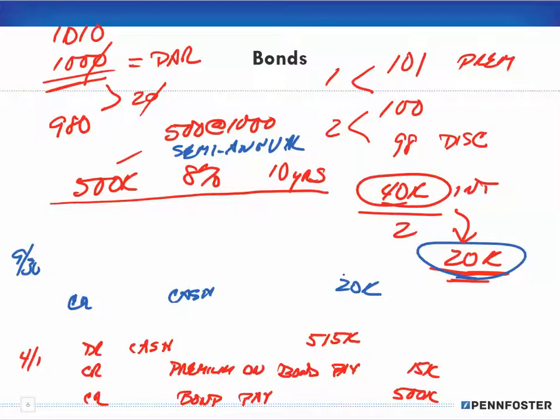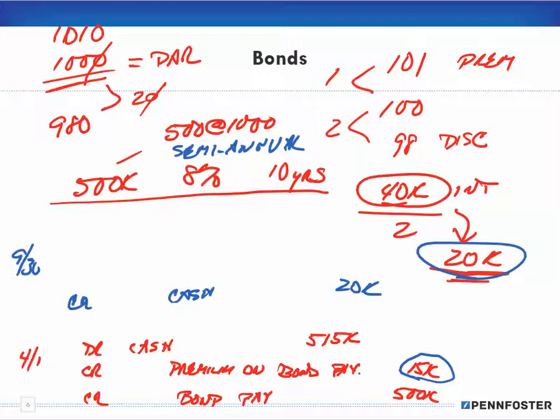Okay. Now, we have to consider that we have this 15,000 as the premium on the bond payable. Just like in the discount, we're amortizing that; we amortize the discount, and we're amortizing the premium also.